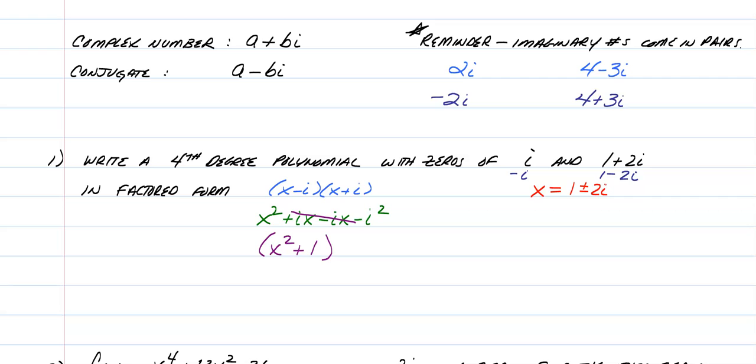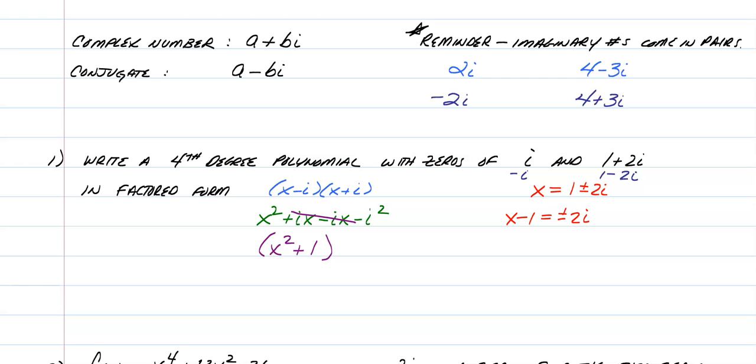And remember, that came from solving something. It was originally equal to 0. So you just reverse your solving process and go back to where it came from. Right before it was 1 plus or minus 2i, it was x minus 1 is equal to plus or minus 2i, because that's the last step, was to add 1 to the other side.